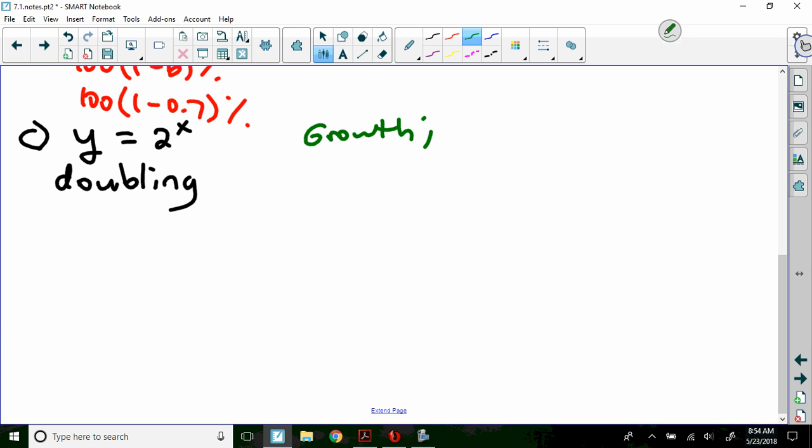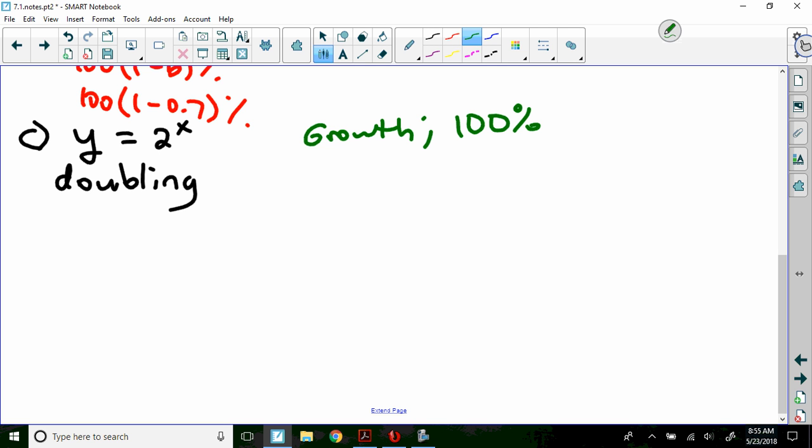If something is said to double, its rate of increase is what percent? If something doubles, its rate of increase is 100%.